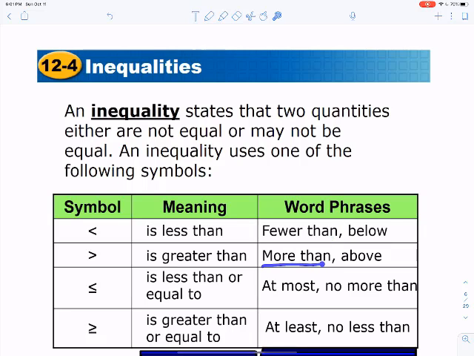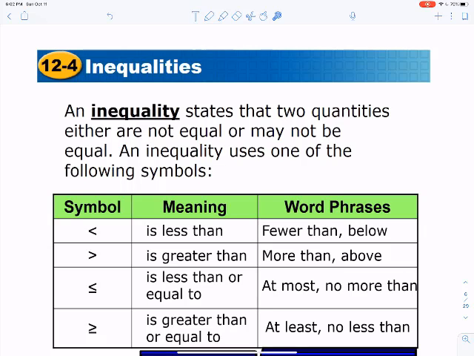For greater than would be things like more than or above. Less than or equal to would be at most, no more than. In other words, the number that we have is going to be smaller than the maximum. And the last one is greater than or equal to, which is at least or no less than. So those are some words that we can use to represent these particular inequalities.